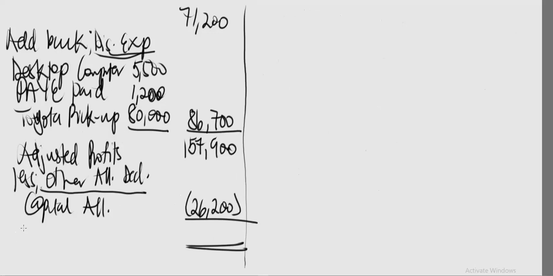Single parent, 2 children. So we could deem this to be his assessable income, because we are going to take some reliefs. 157,900 minus 26,200 gives us 131,700.